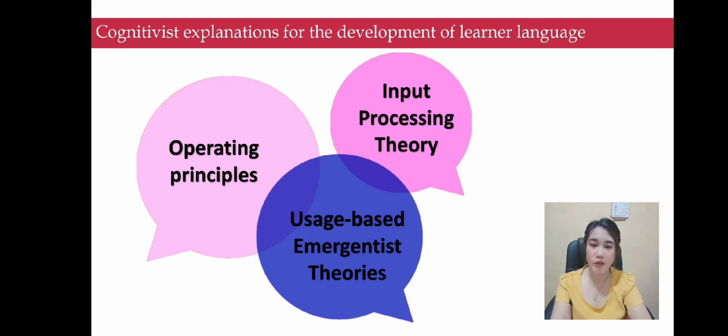And the third one is the usage-based emergentist theories. For a long time, it was believed that learning grammar just from linguistic experience was impossible.